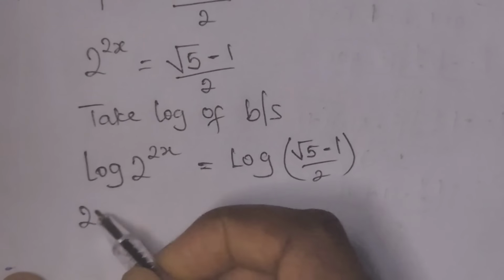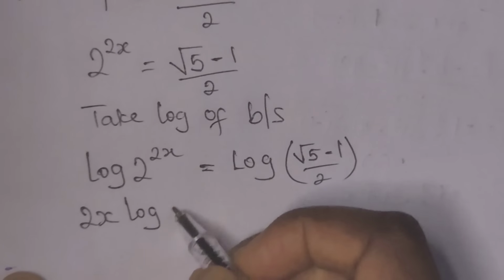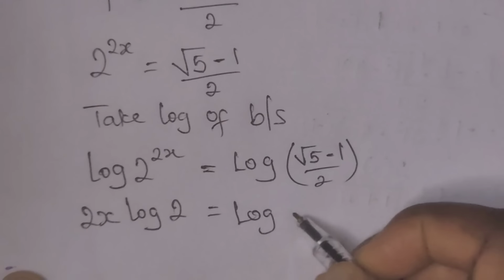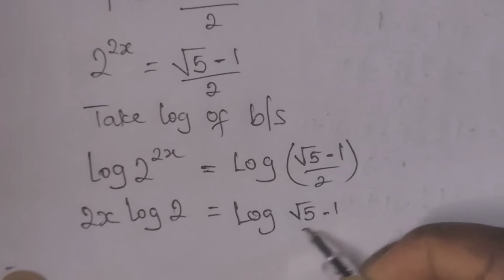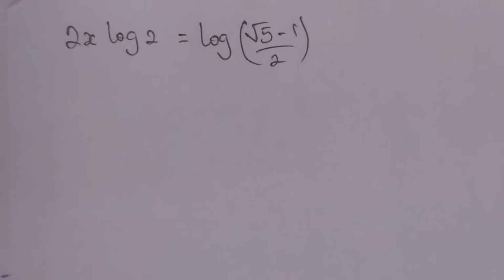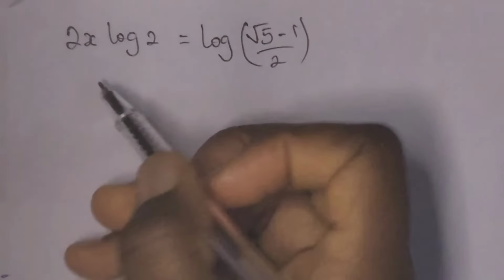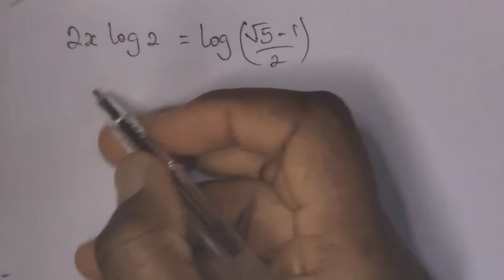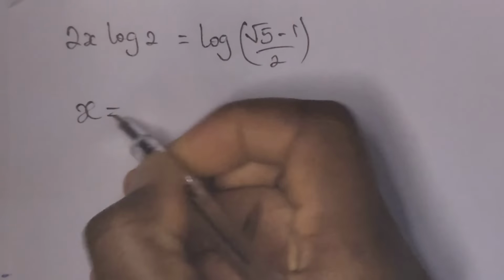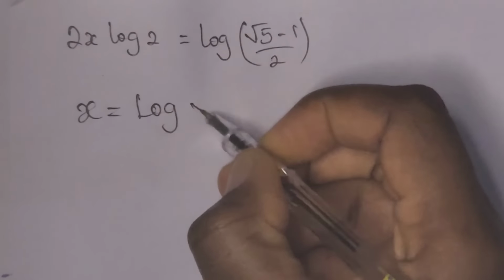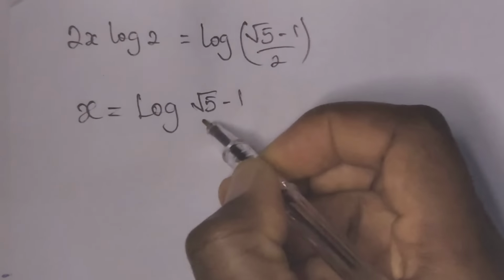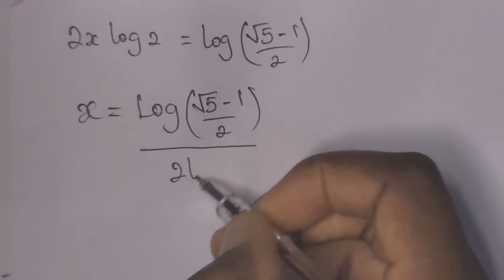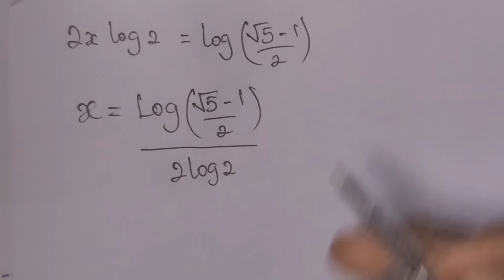So this is 2x times log 2, equal to the log of root 5 minus 1 over 2. So from here, we can divide both sides by 2 log 2. So we have x to be equal to log of root 5 minus 1 over 2, over 2 log 2.